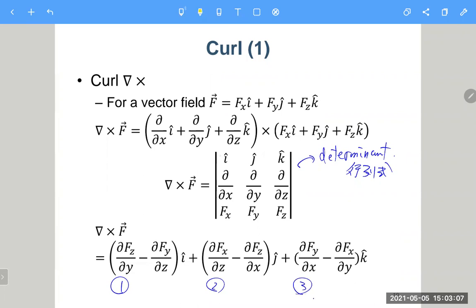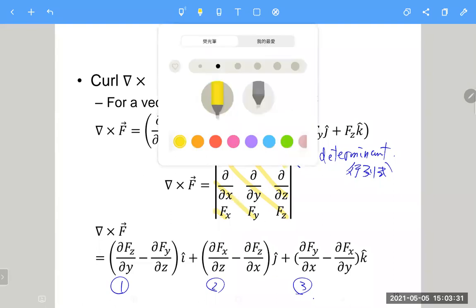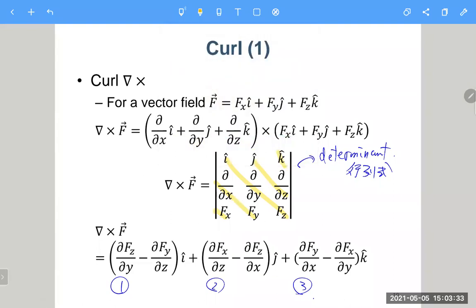First, second, and third: this is the first, this is the second, and this is the third one, with the plus sign, because we draw these from the top left to the bottom right. And you also have 3 other terms.